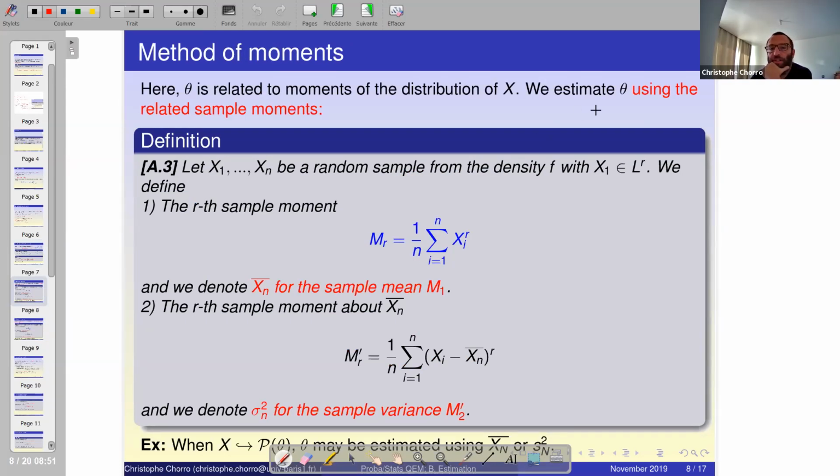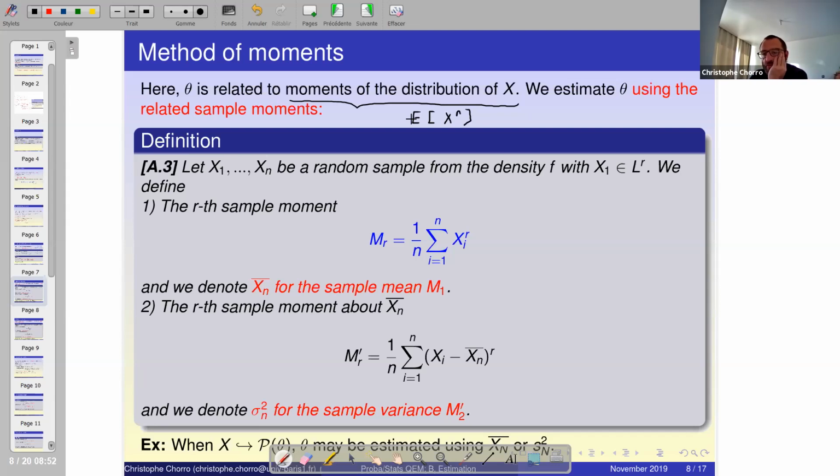So if you have a quantity that is related to the moments of the distribution of x. By moments, what I call moment is just the expectation of x to the power r, let's say. So for r equal to 1, you have the expectation.